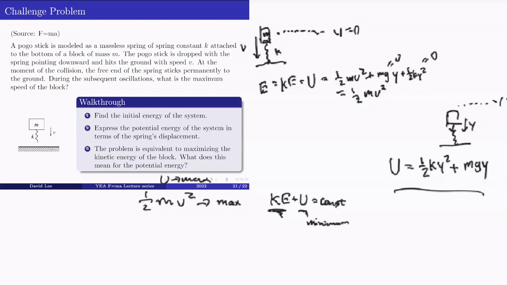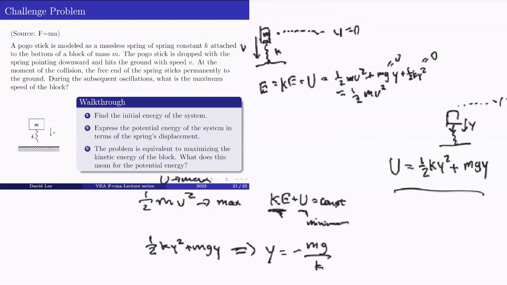With that in mind, we can proceed to solve the problem. We have our potential energy, 1/2 ky squared plus mgy, and we want to minimize this. Some of you might know how to complete the square or take the derivative and set it to 0, or whatever method you use. You should get that it's minimized when y is equal to negative mg over k.